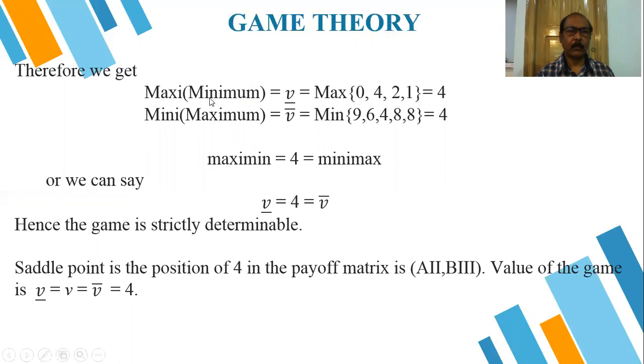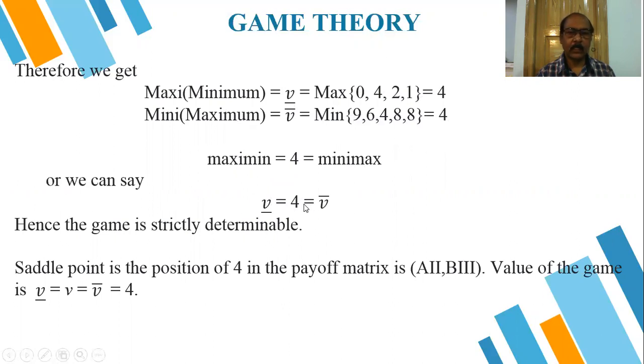Therefore, we get maximin, V lower bar, is equal to the maximum of 0, 4, 2, 1, which is 4, and the minimax, V upper bar, is equal to the minimum of 9, 6, 4, 8, 8, which is 4. So maximin is equal to 4 is equal to minimax, that is V lower bar is equal to 4 is equal to V upper bar.